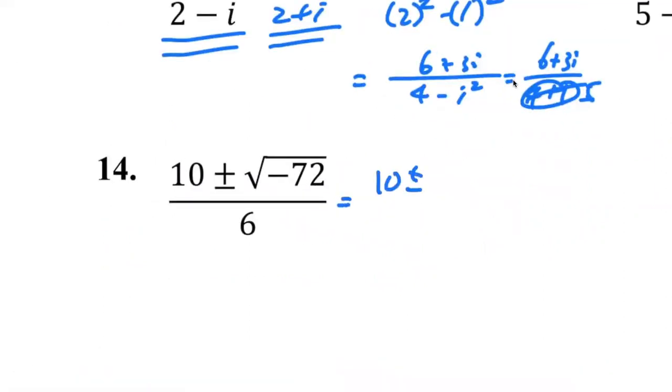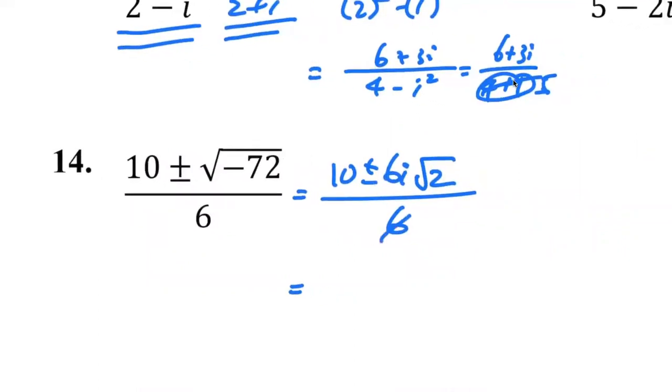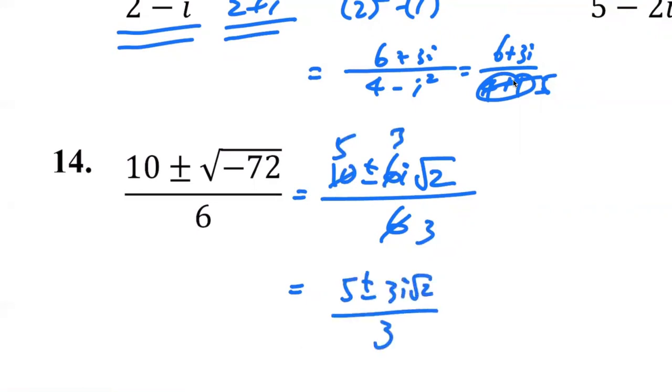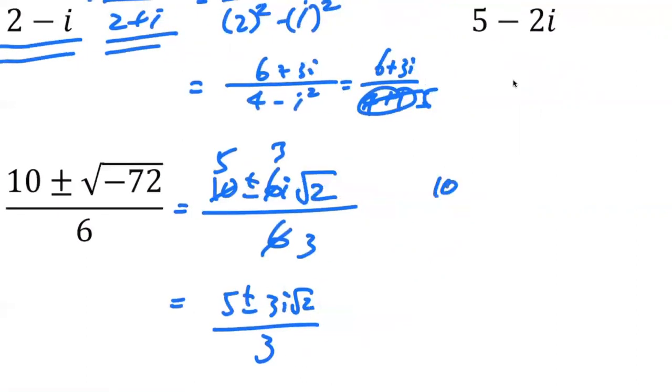So you have 72, that is 36 times 2, right? So that means 6i root 2 over 6. Now you can do it a couple of ways. You can just go ahead and reduce it by 2. So you have 5 plus or minus 3i root 2 over 3. That works. Alternatively, you may also do 10 over 6 plus or minus 6i root 2 over 6.